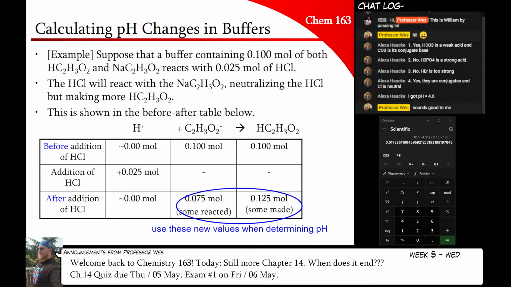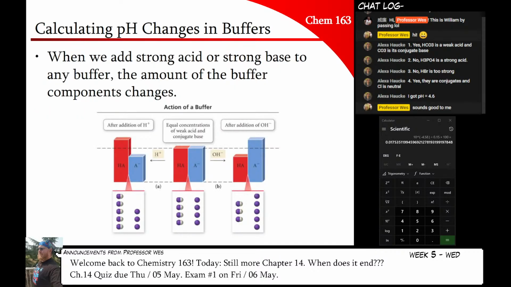So let's do another one of these. Oh, no, let's look at a visual, I guess. This is kind of not super helpful here, but if you wanted to visualize what's happening to the amounts of stuff in your buffer, if I add acid like this, that's going to react with this, because there is an acid on there, so I use up some of them. I still have a buffer, though.